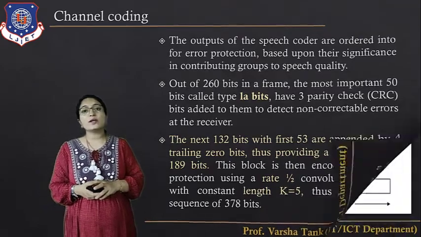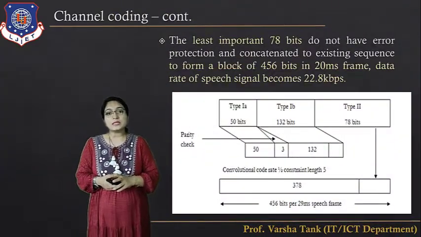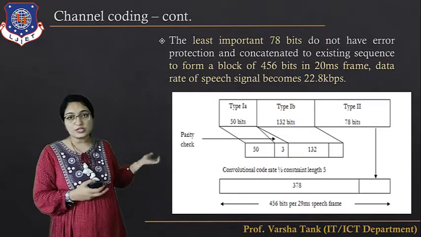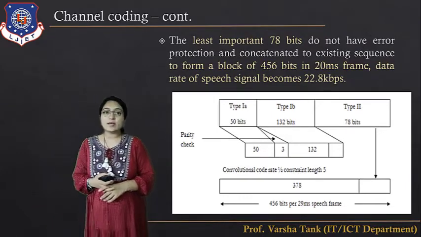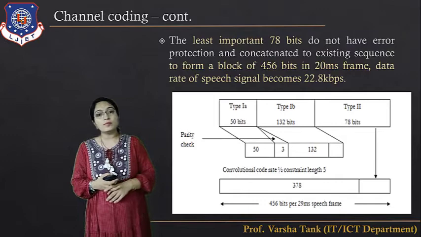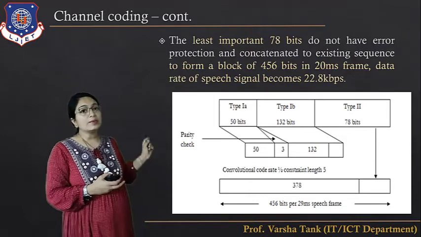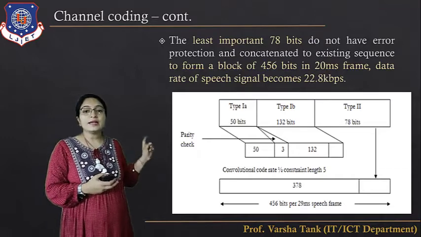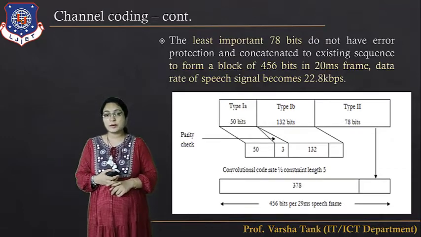Now the least important 78 bits do not have error protection and are concatenated to the existing sequence to form a block of 456 bits in the 20 millisecond frame. The data rate of the speech signal becomes 22.8 kilobits per second.